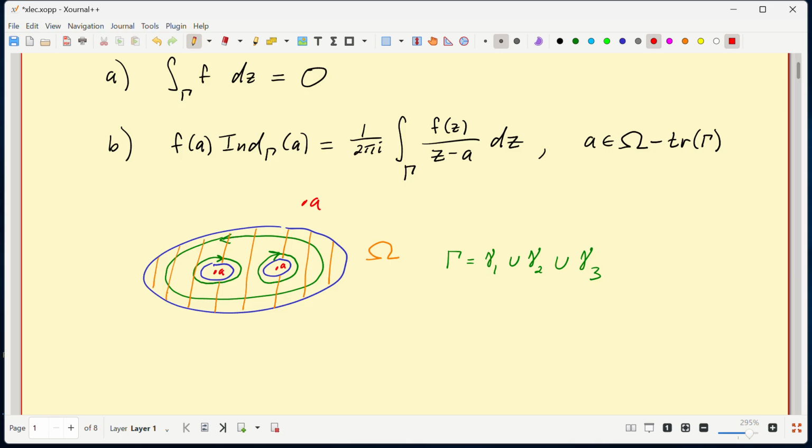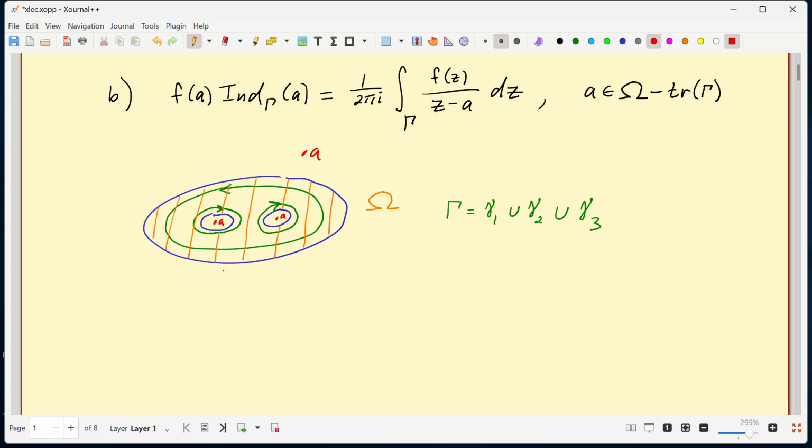Well, last time I started the proof. In step 1, I defined G of Z, W, kind of a sneaky thing to define.